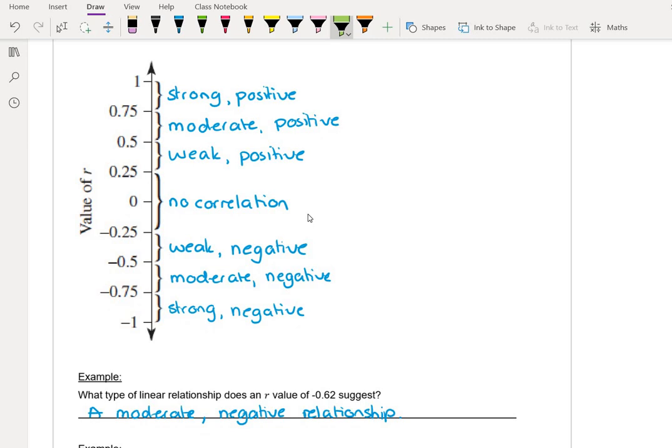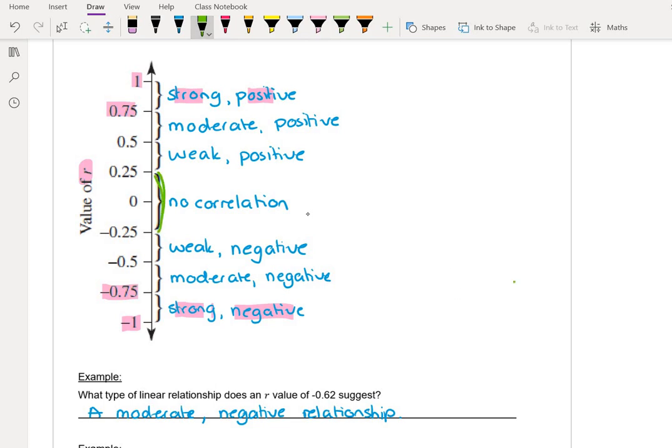So here's a little scale. When you find your R value, you can refer to this scale to help you describe what the association is. Anything between -1 to -0.75, you can say it's strong, and it's obviously negative. Same can be said for the positive, 0.75 to 1, strong positive, and so on. They're pretty straightforward.